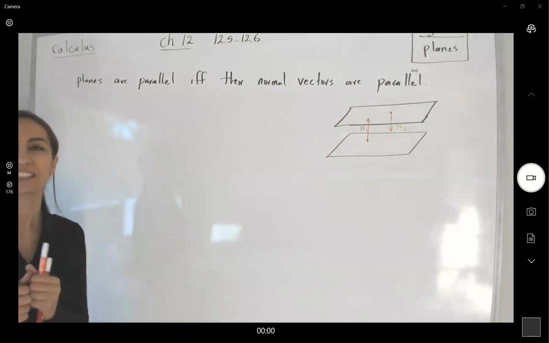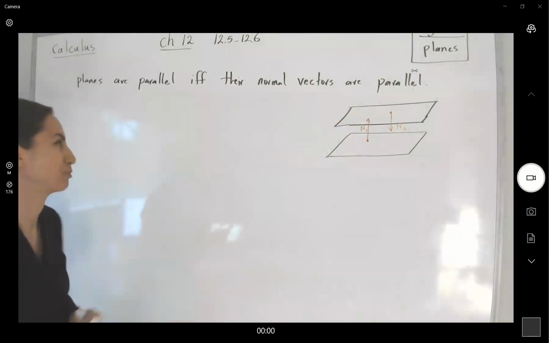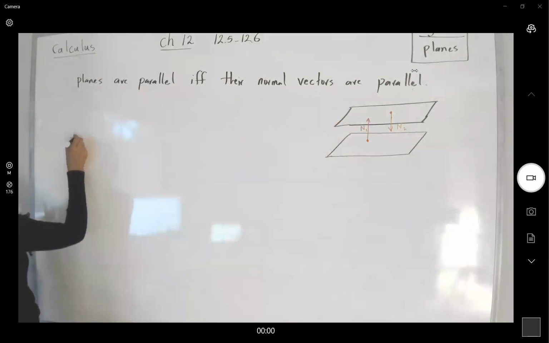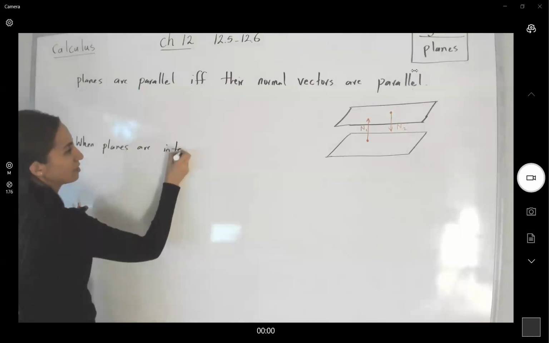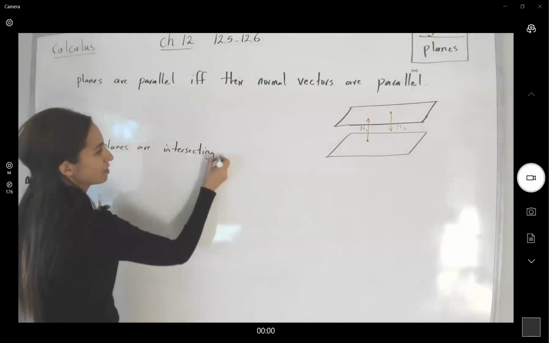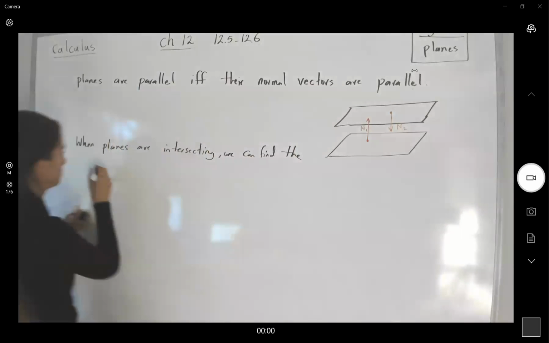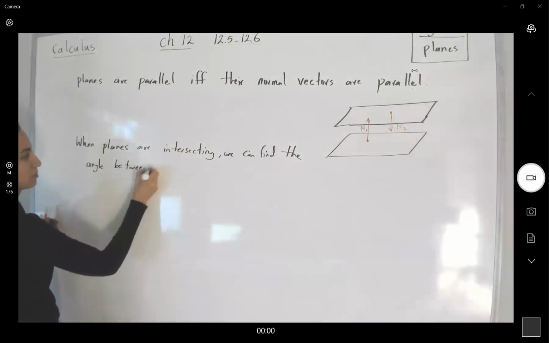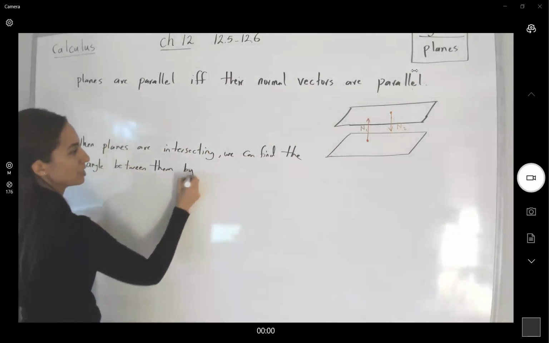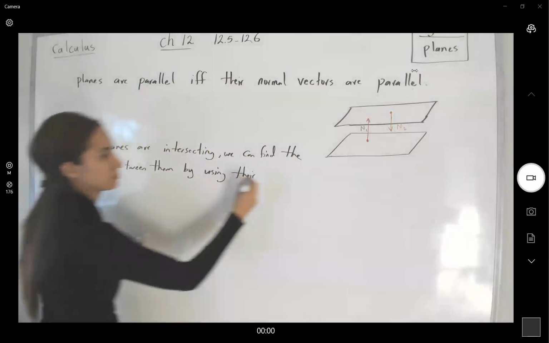If you have intersecting planes, you can easily find the angle between those two planes. When planes are intersecting, we can find the angle between them by using their normal vectors.